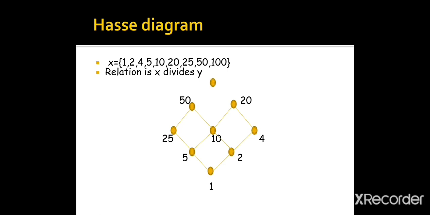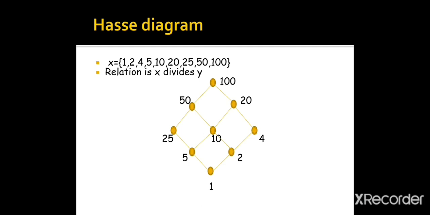Then comes the last element, which is 100. And 100 is divisible by all the elements, but we join it to 20 and 50 only, because 25, 4 and 10 come under transitive relation and we do not show transitive relation in a Hasse diagram.